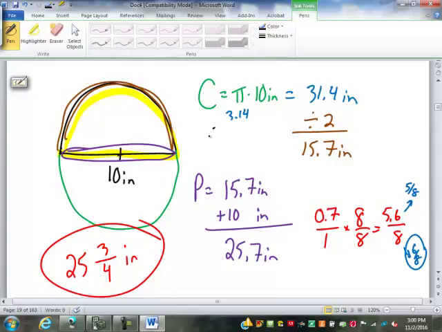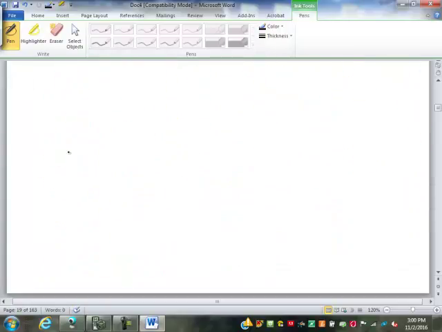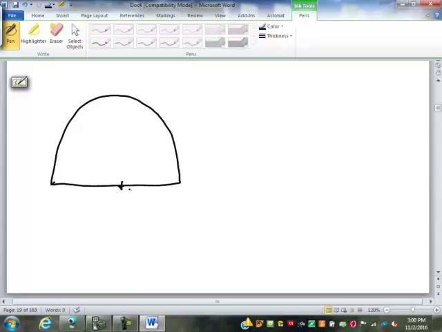Okay, well, what if we make it one step harder? What if now we have a half circle that we're trying to find the perimeter of, only now the diameter is given as 4 feet 8 inches. Well, as we said before, when we multiply, at least, we don't stick with our dual units.